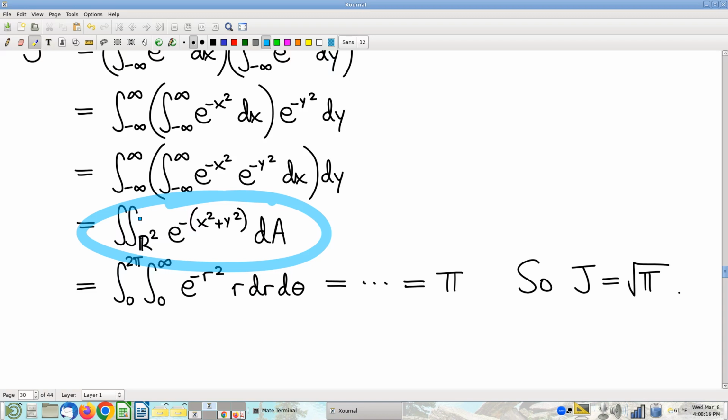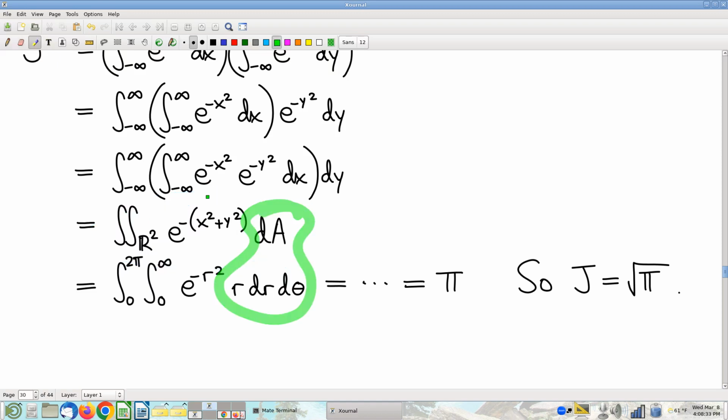That includes some tools that we did not have in single variable calculus. In particular, we did not have polar coordinate pullbacks in single variable calculus. Using that here, dA, of course, is r dr d theta. x squared plus y squared, of course, is r squared.